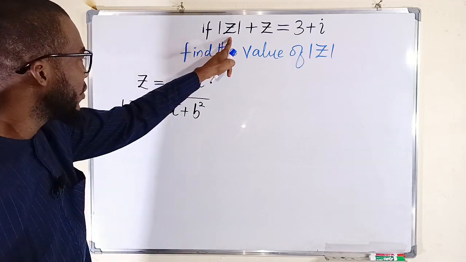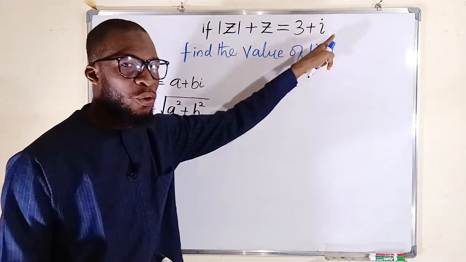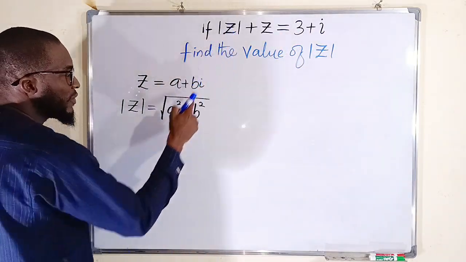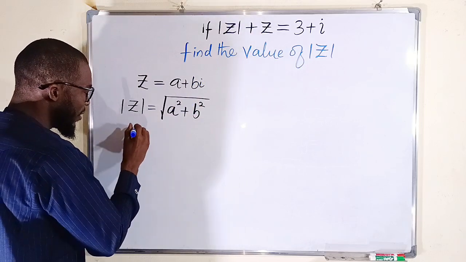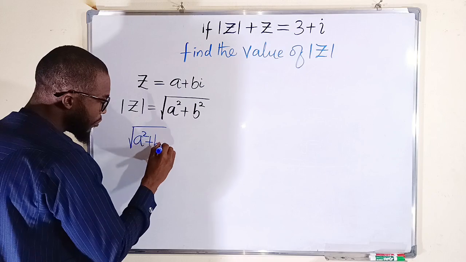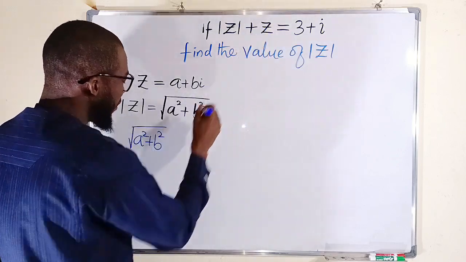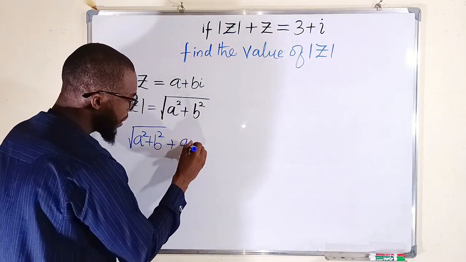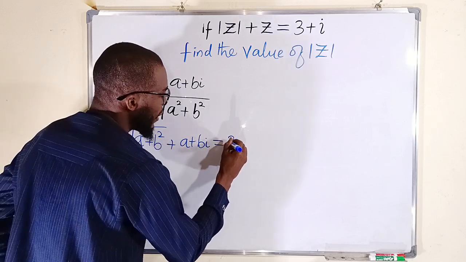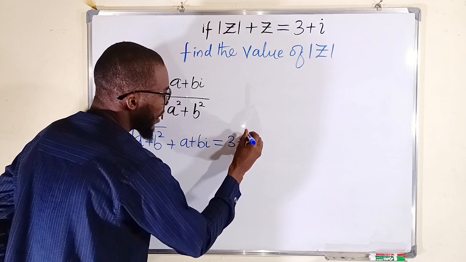Now let us substitute this into this equation. From our main equation, we have the modulus of z to be the square root of a squared plus b squared. Then z itself, which is what? a plus bi. This is equal to 3 plus i.